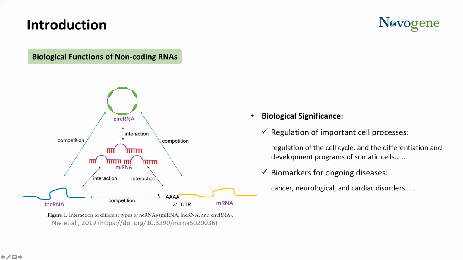They can compete for messenger RNA or interact with each other and get involved in regulation of gene expression, and as a result, contribute to the phenotype. Importantly, non-coding RNAs are differentially expressed in a tissue-specific manner during disease conditions. Therefore, they serve as excellent biomarkers for ongoing diseases, such as cancer and cardiac disorders, aging, etc.